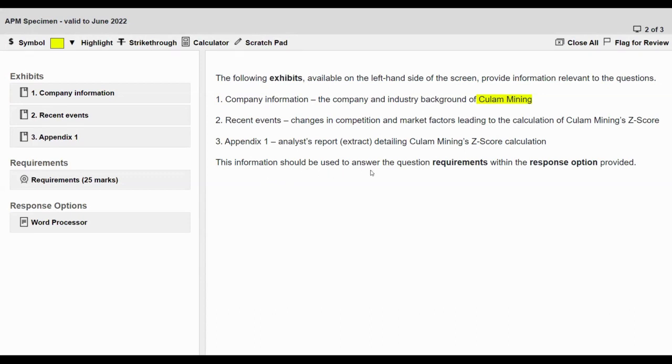The information should be used to answer the question requirements within the response option provided.